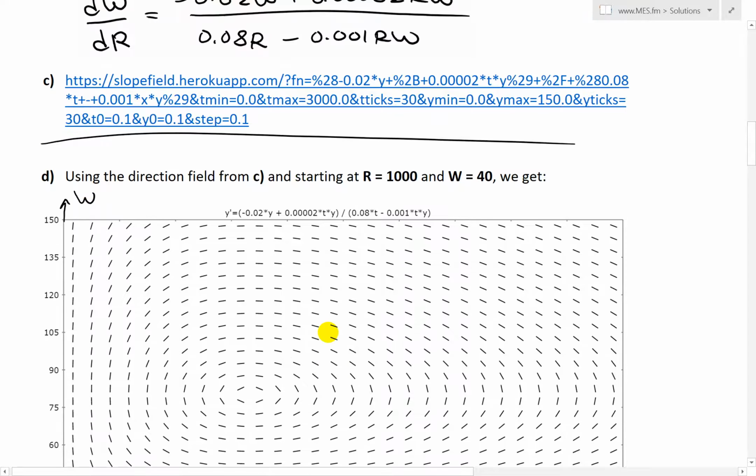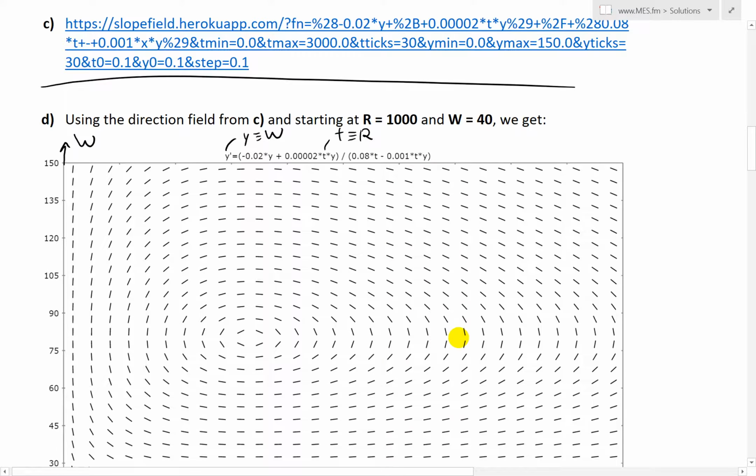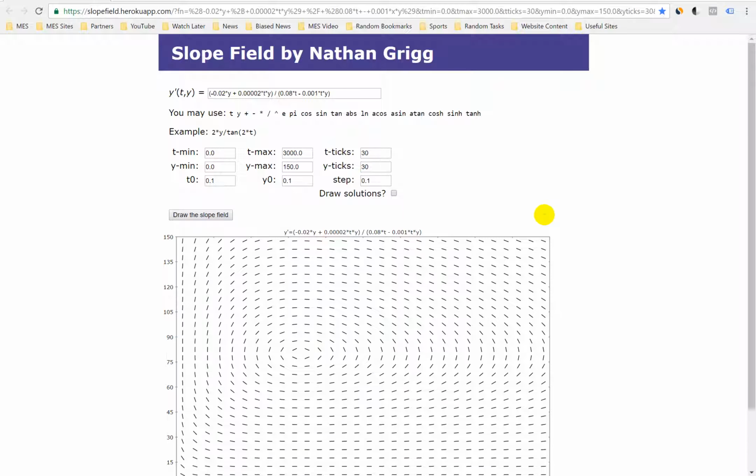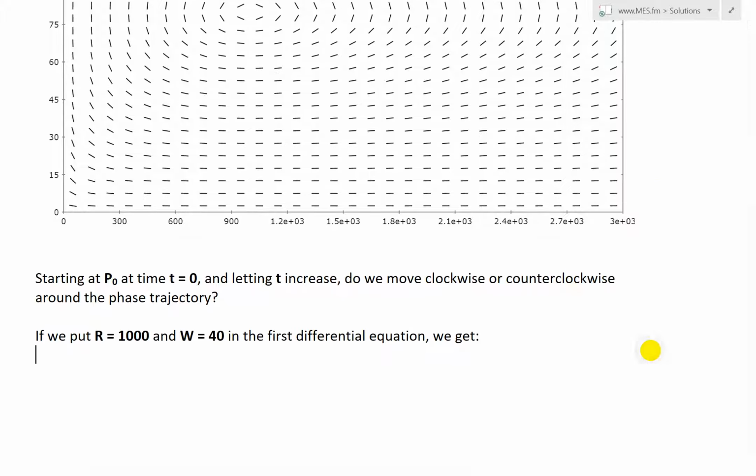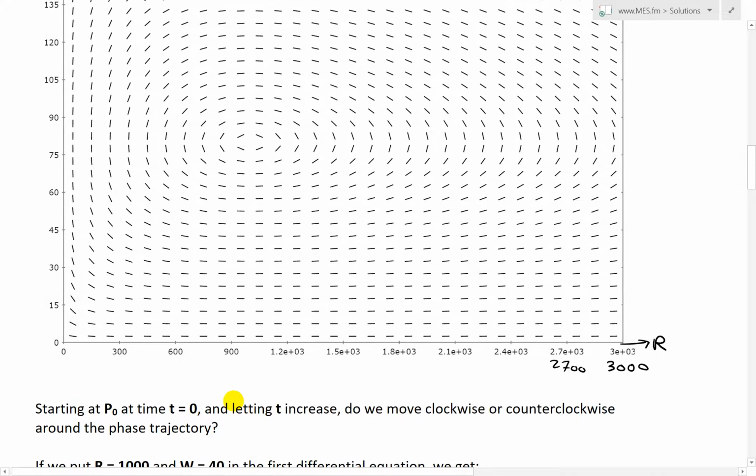In that link, you can't change the variable, so in our case Y is equal to W, and T is referring to R, because you can only use Y and T in that tool, but in our case it's R and W. So the x-axis here is going to be R. And this 3e to the 3 plus 0, 3, is saying it's 3,000. It's another way of writing it. This one here is 2,700, etc. That's the exponential notation.